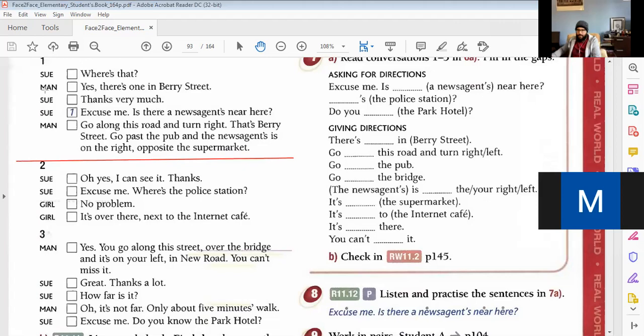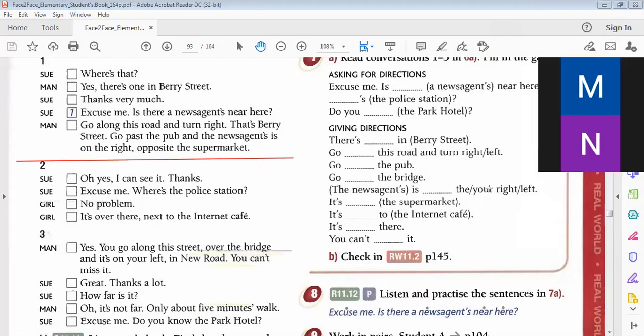We are required to arrange the conversation in the correct order. So Sue says, excuse me, is there a news agent near here? Yes, there is one in Bear Street. Bear Street. Okay. And the next one? Number 3. Where's that? Okay.